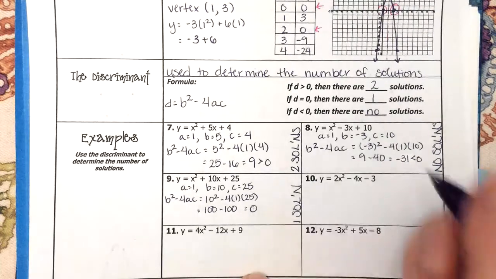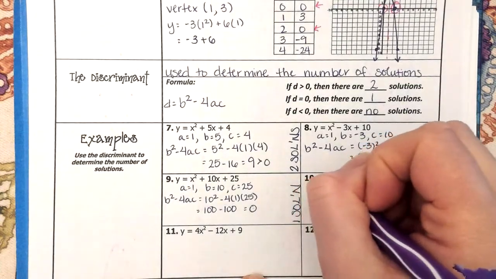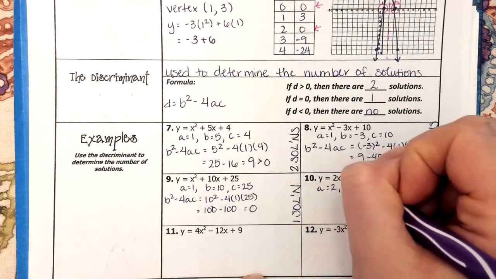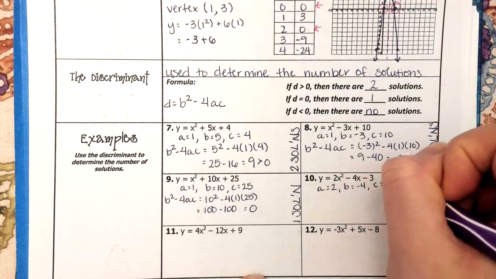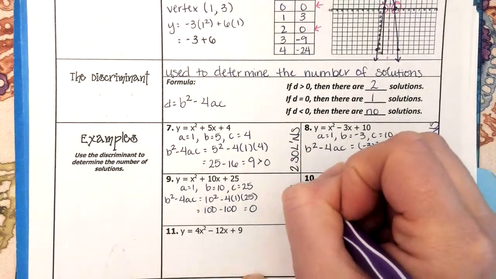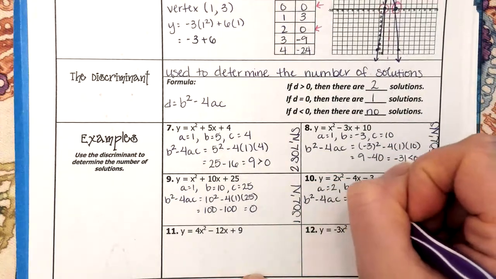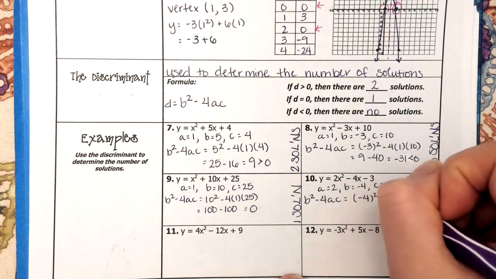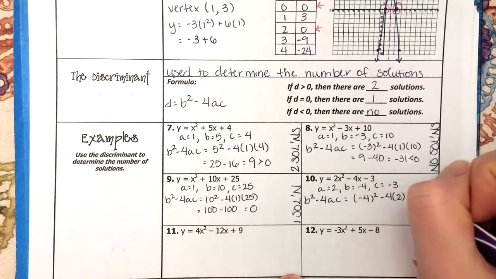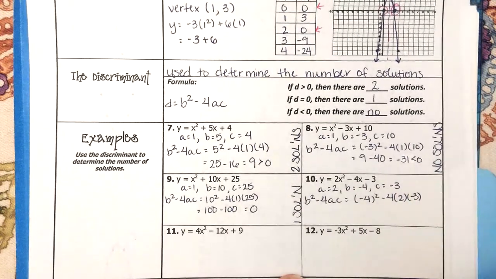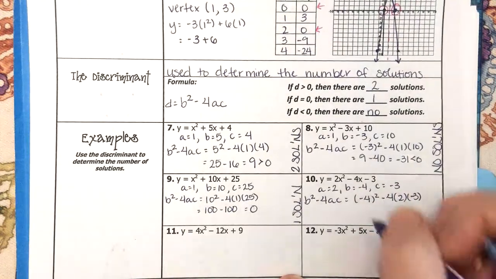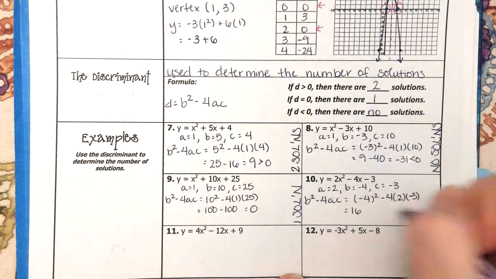In number 10, A is 2, B is negative 4, C is negative 3. My discriminant, B squared minus 4ac, is negative 4 squared minus 4 times 2 times negative 3. Negative 4 squared is 16.